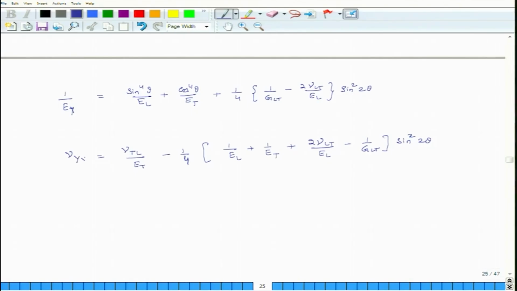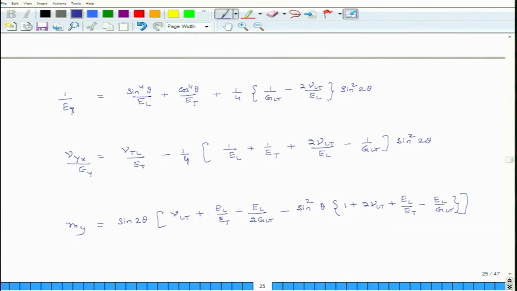So, this is nu yx divided by Ey, and then the cross coefficient my equals sin 2 theta times this entire thing: nu LT plus El over Et minus El over 2 GLT, minus sin square 2 theta, oh actually I am sorry, sin square theta, times 1 plus 2 nu LT plus El over Et minus El over GLT.